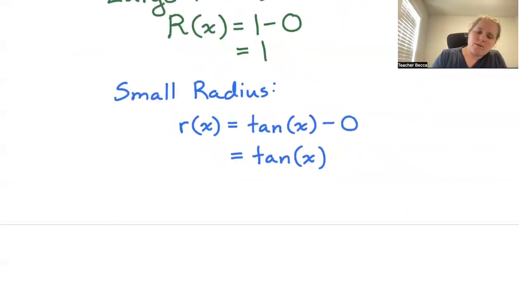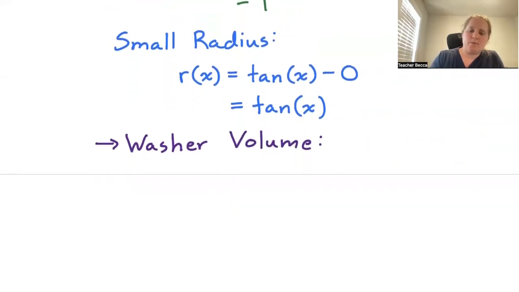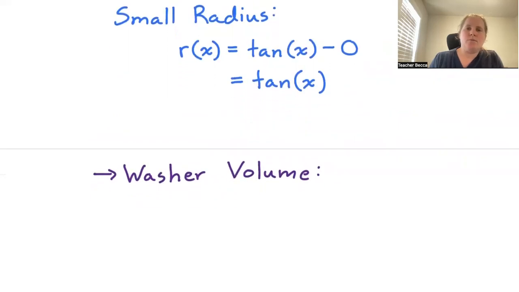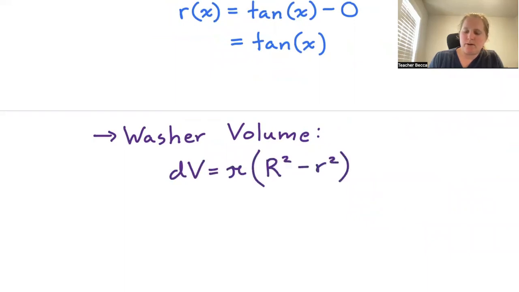So our washer volume, dV, is equal to pi times capital R squared minus lowercase r squared dx.